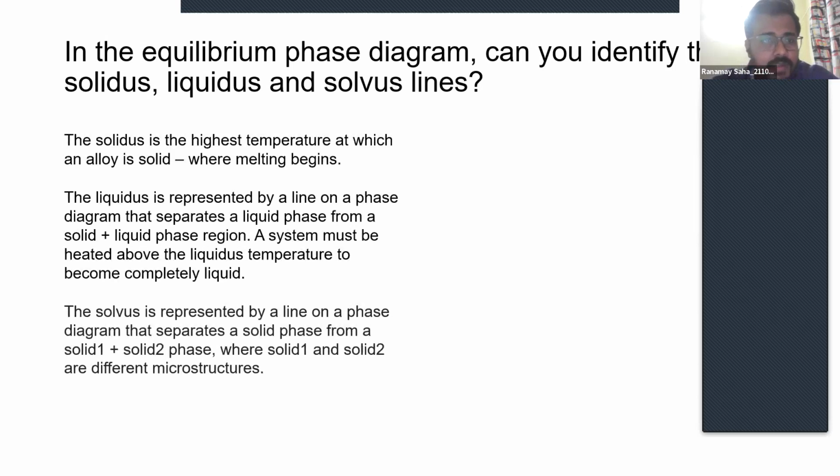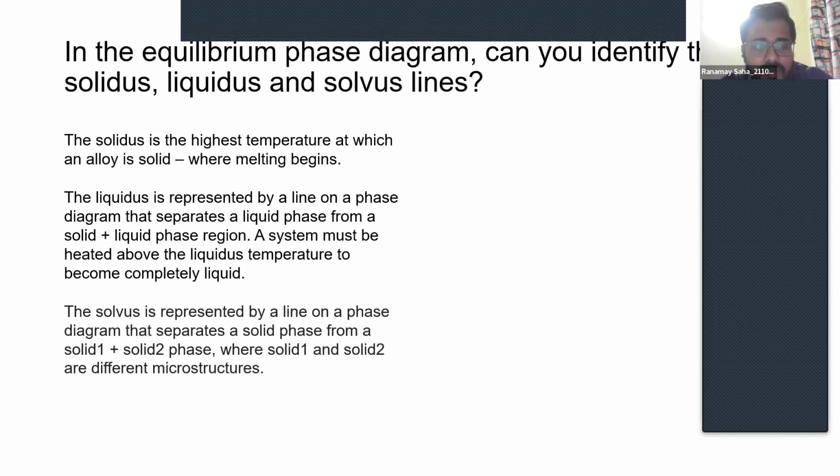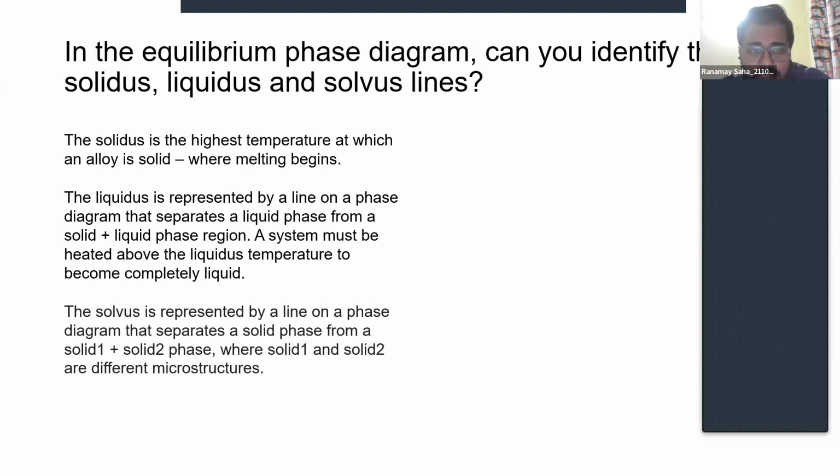Okay, so what Sahil told was kind of correct, but in simple language, you should know that the solidus is defined by the line drawn at the temperature at which melting begins. The first liquid droplet is formed. That is called the solidus line.